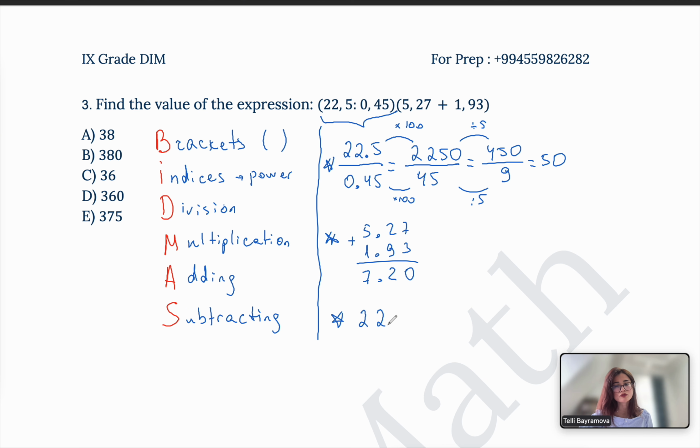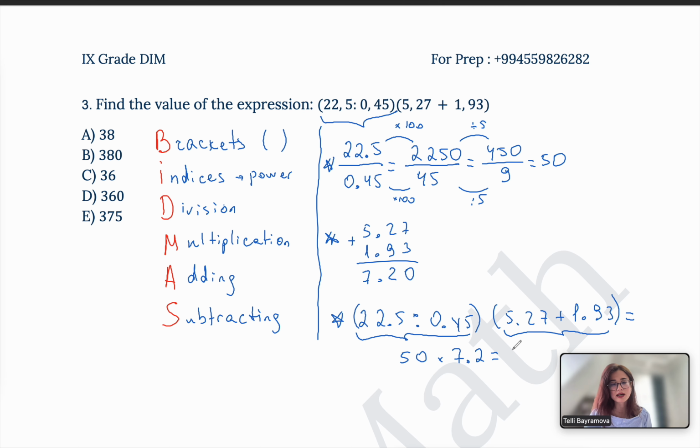The question is 22.5 divided by 0.45, then multiplied by 5.27 plus 1.93. The first one is 50, multiplied by the second bracket, which is 7.2. So 72 times 5 is 360. I just multiply, and the zeros and decimal point will go away.